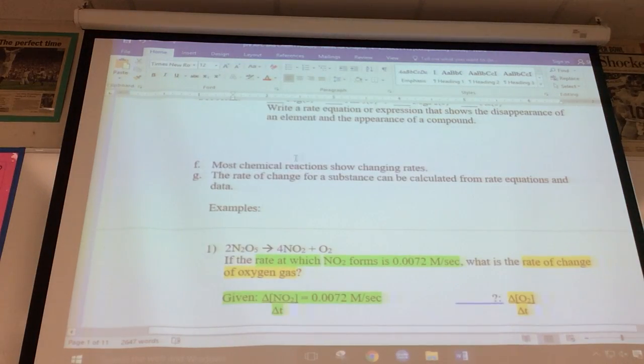So as I mentioned, most chemical reactions do show changing rates, and you can calculate the rate from either rate equations and or from data, and we'll look at both.